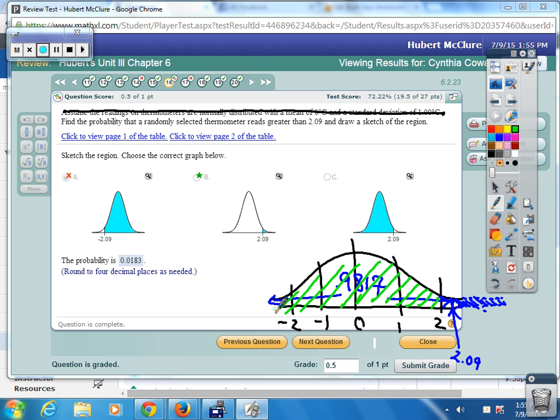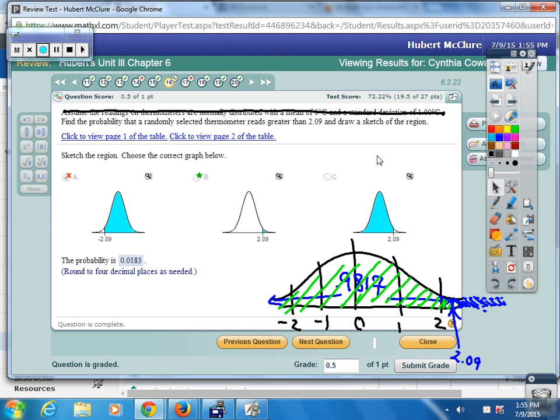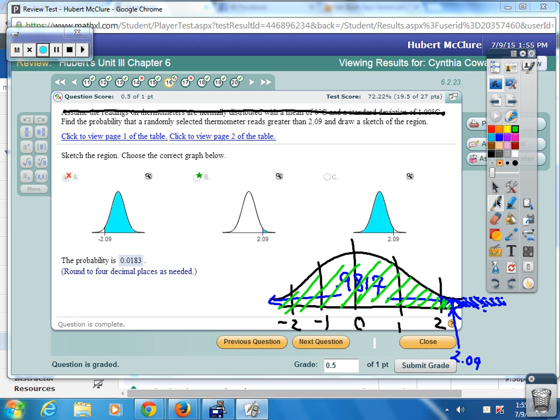Then to find this area, we subtract 0.9817 from 1. So we take our handy dandy 1.0000 minus 0.9817. Now, what's a dollar minus 98 cents? 2 cents, Hubert.